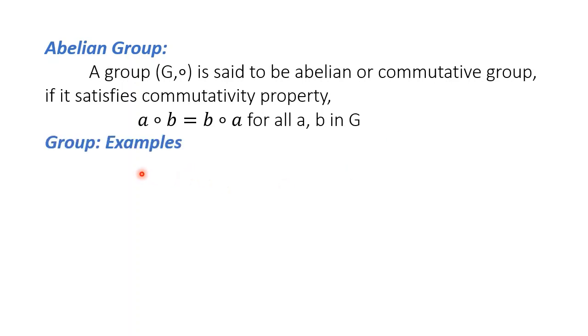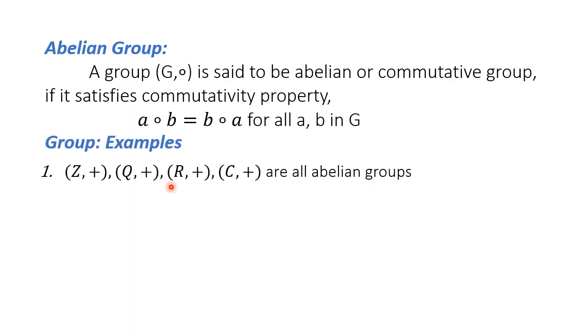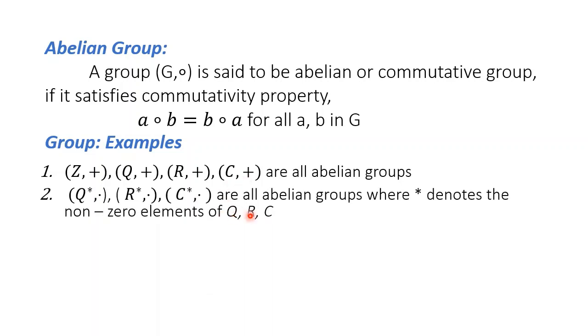Next we should see some examples. As already discussed, Z, Q or C, all these sets are abelian groups under addition. We may verify that all four properties hold in these sets under the operation addition. Under normal multiplication, we have already seen that Z does not have the multiplicative inverse.